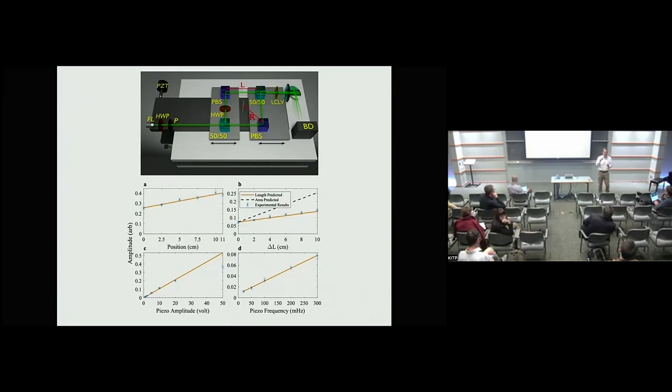But you're instantaneously creating a Doppler shift on two beams, and then you're going to a different part of the rotating frame, which would look like a different instantaneous inertial reference frame.